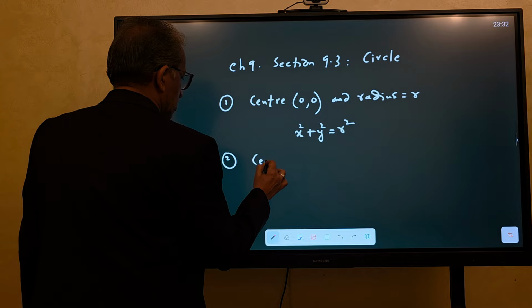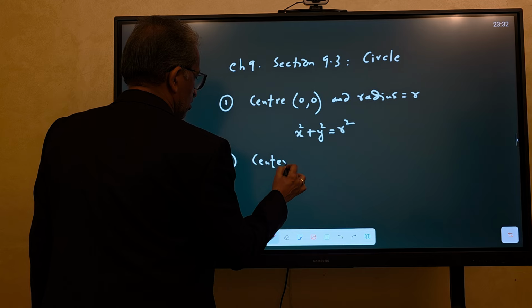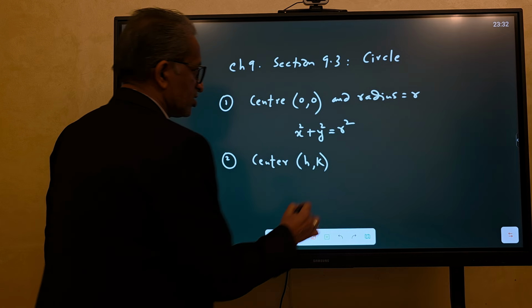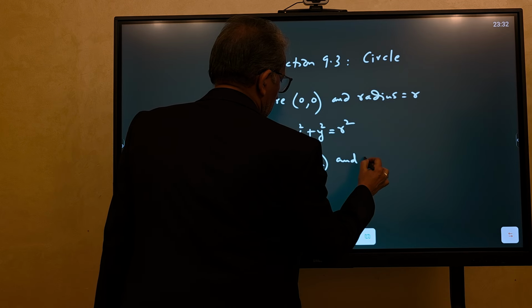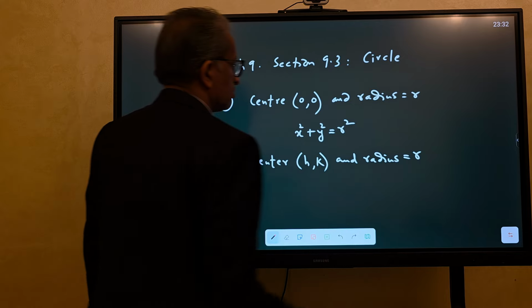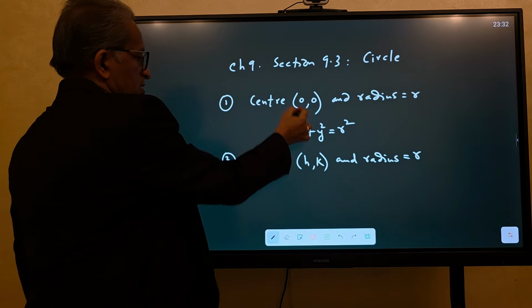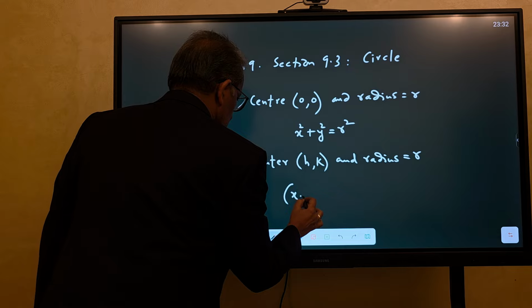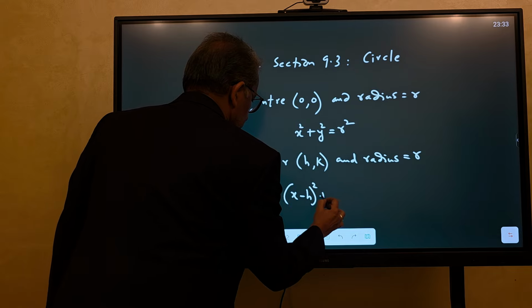Suppose the center is not 0 0, if it is h and k, and the radius is r. So here the center is origin, here the center is not origin. Then the equation of the circle is this.